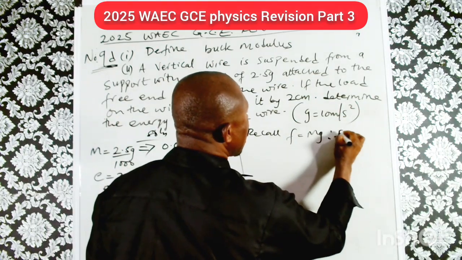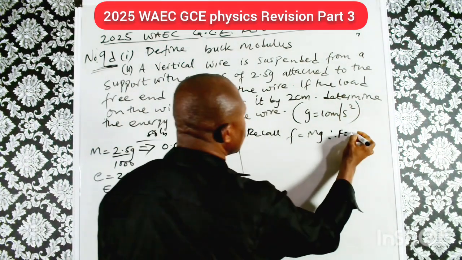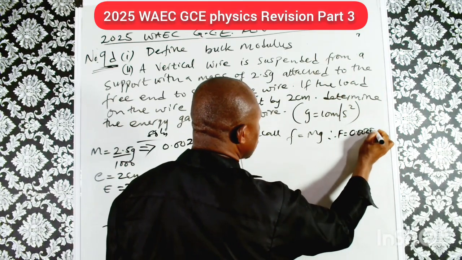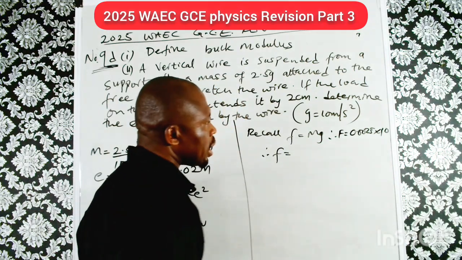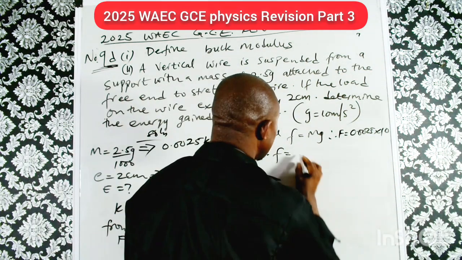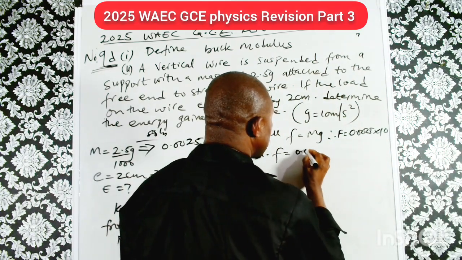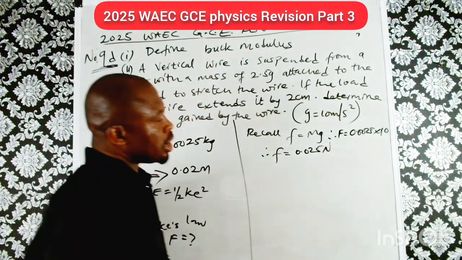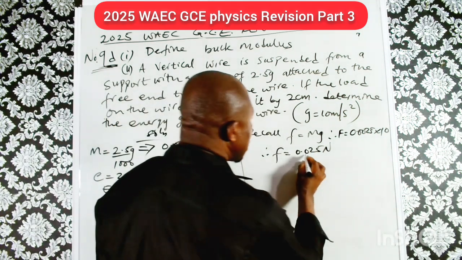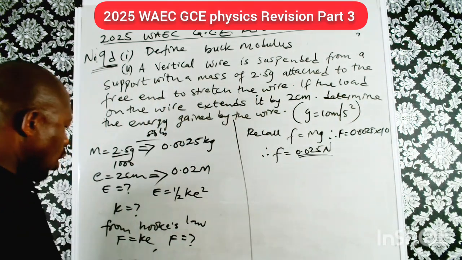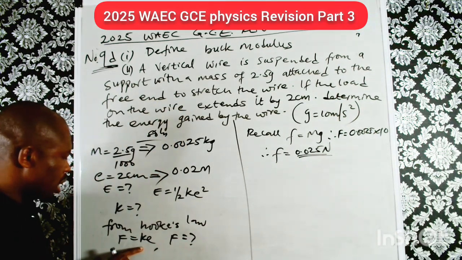Therefore, F is the mass, 0.0025, multiplied by 10, which gives us 0.025 Newton. You can press your calculator to find out. Now, with this F, we make K the subject.